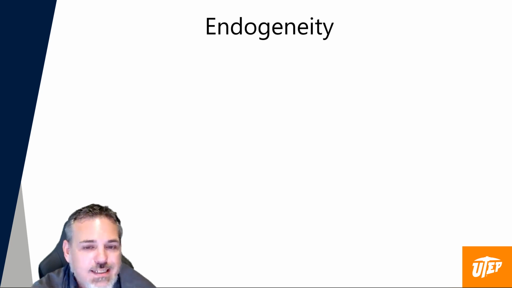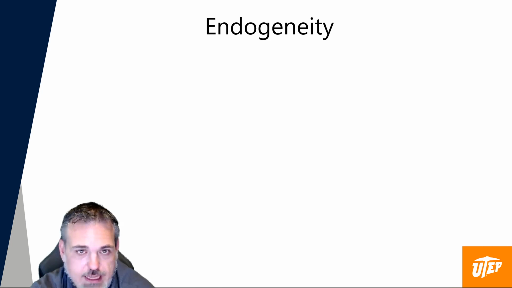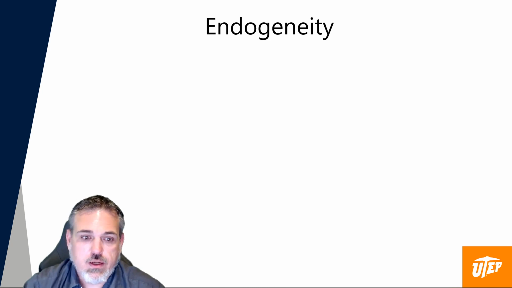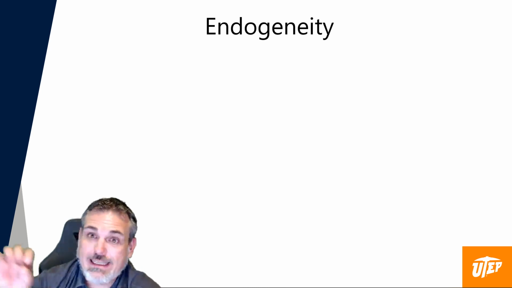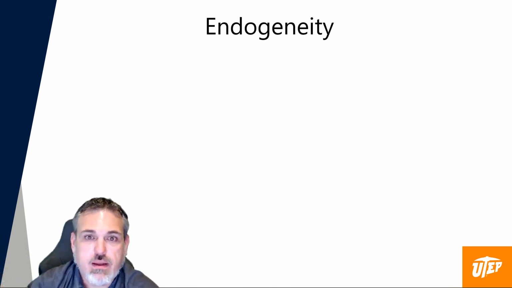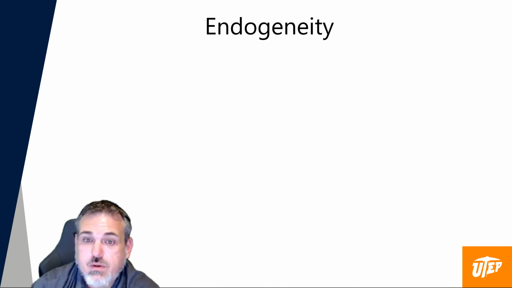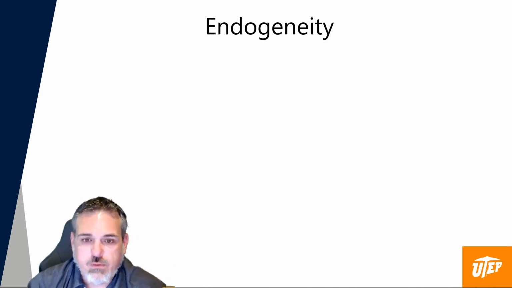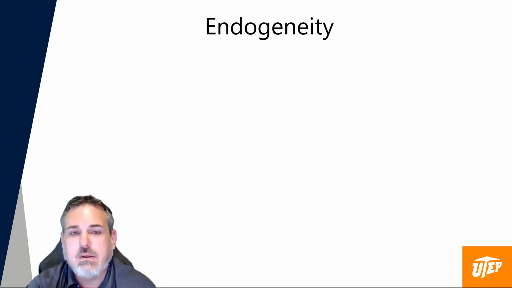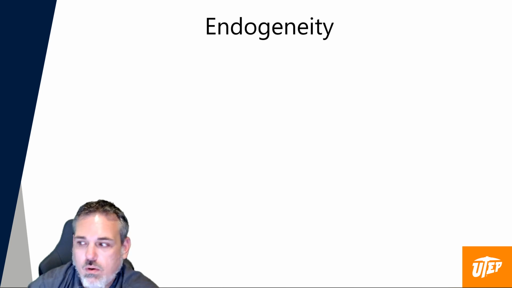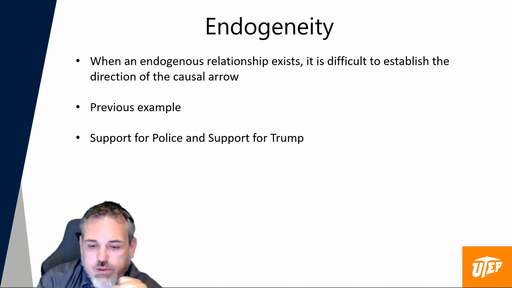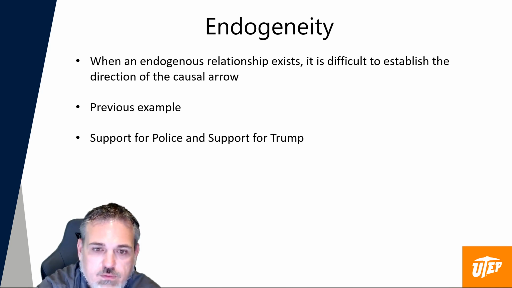And how do we disentangle that endogeneity, where we know that for some individuals in our sample, support for the police would lead to higher support for Donald Trump, and that for other individuals, support for Donald Trump would lead to higher support for the police? How do we disentangle that? That is at core the issue with endogeneity, attempting to assess which way those causal arrows flow.